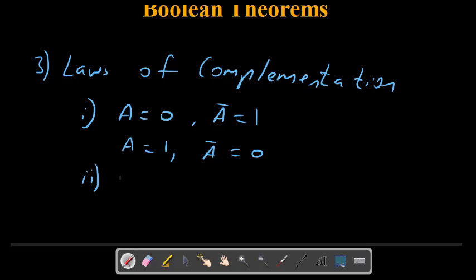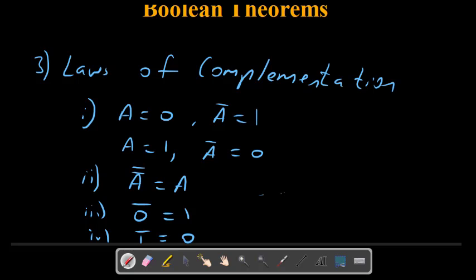Then the second one is A double bar is A itself. If we complement A twice, it becomes A itself. Then the third says that complement of 0 is 1, and the fourth says complement of 1 is 0.